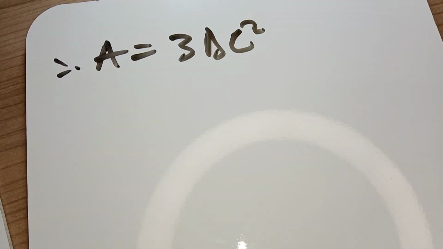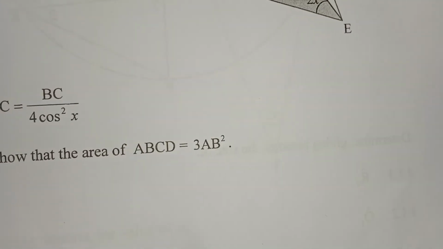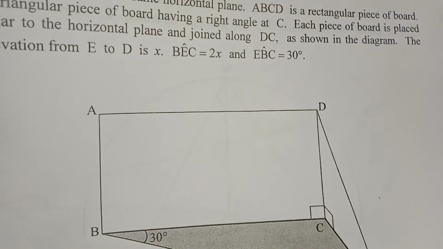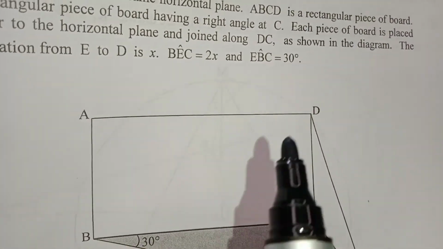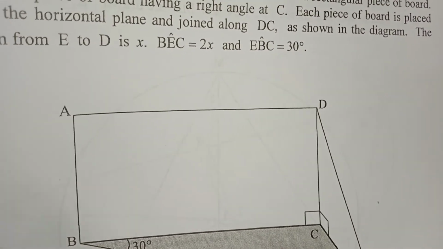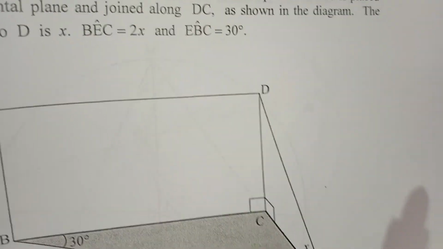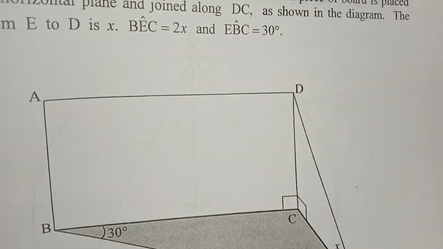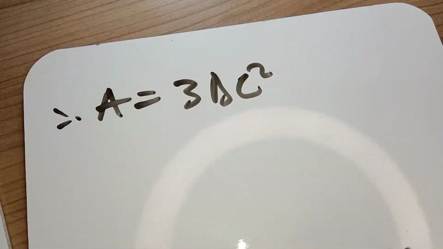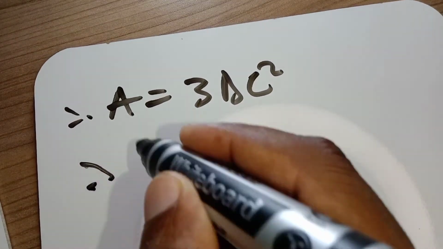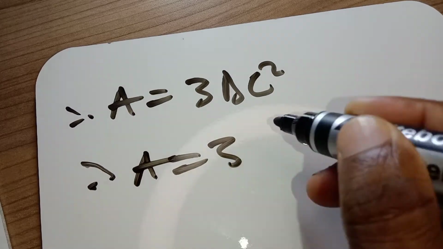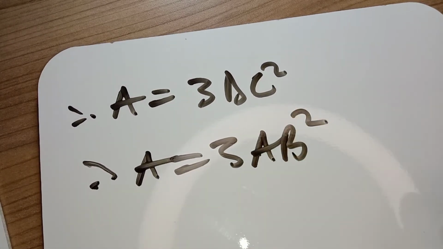But remember, here we have AB. Remember this is a rectangle. AB is the same as DC, because opposite sides are equal in a rectangle. Then you can right away replace DC with AB. Then we say again, therefore our A should be 3AB squared.